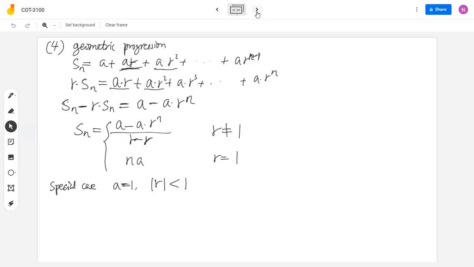You are going to have Sn equals 1 plus r plus r squared plus r cubed plus up to r to the n minus 1. And it turned out that, if you plug in a equals 1, this is just 1 minus r to the n divided by 1 minus r.